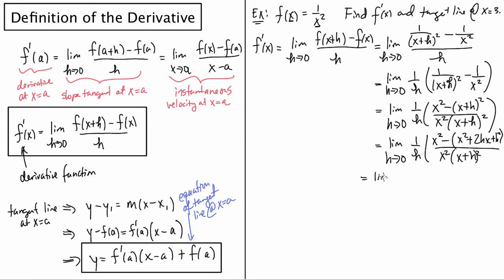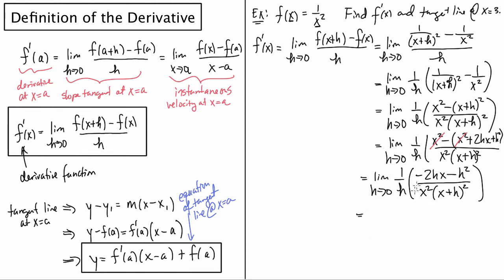You can see here in the numerator, x squared minus x squared, that cancels, leaving in the numerator, don't forget the negative sign here, a negative 2hx, and then a negative h squared over x squared times (x plus h) squared. Notice how I'm not combining the denominator until I have to. I'm just going to leave it alone for now.